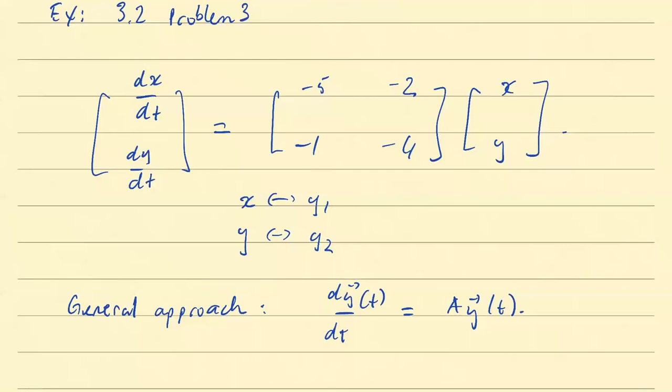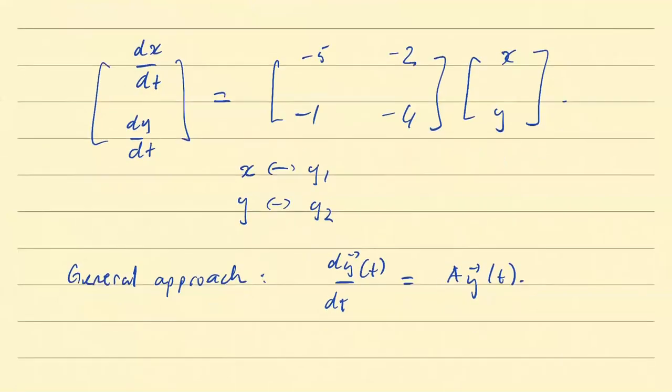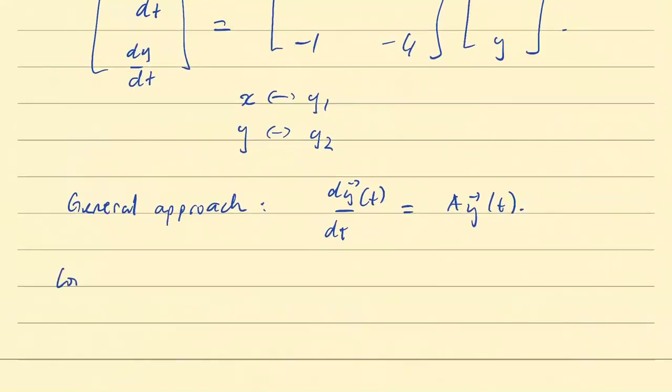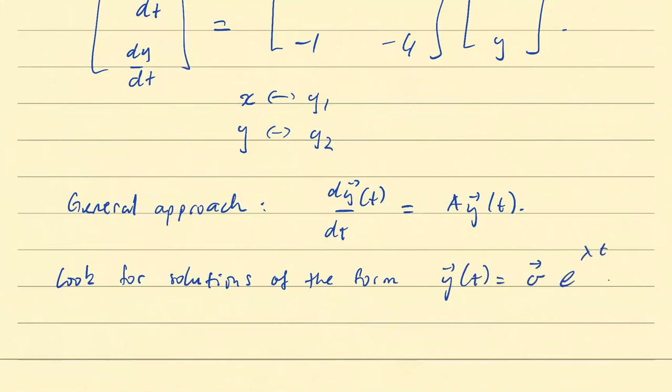The general approach is to look for solutions of the form y(t) equals a vector v times e to the lambda t. Here v is a constant vector, meaning v does not depend on time.